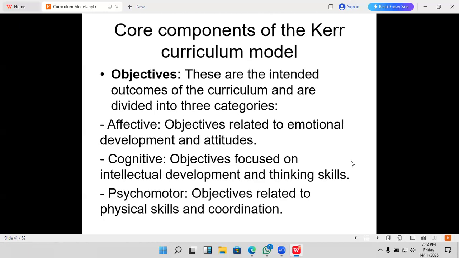Third, objectives related to physical skills and coordination. In other words, we can say behavioral change. After learning a subject or attending a class, the students demonstrate some physical skills and coordination.